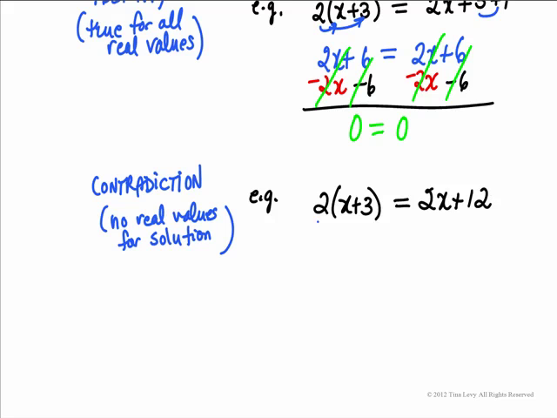You distribute this and you get 2x plus 2 times 3 is 6, 2x plus 12. For what value of x is 2x plus 6 equal to 2x plus 12? Well, we can think about it. There really can be no values.